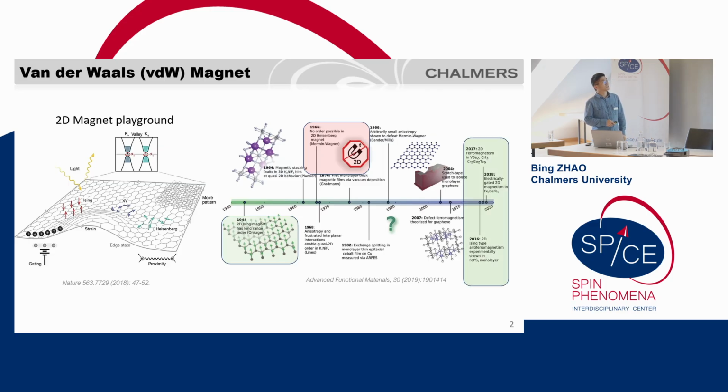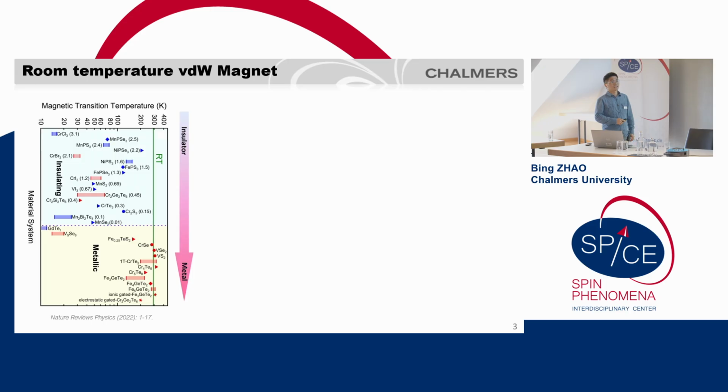But around 2016 and 2017, 2D Ising antiferromagnets and some ferromagnets were discovered. Just a few years later, many more materials came out, from insulating to metallic materials, from ferromagnets and antiferromagnets.